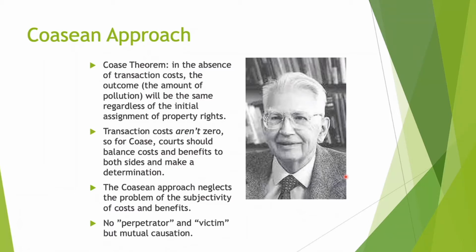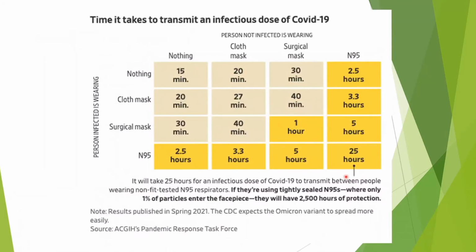One example here is the whole debate over masking and so forth. This is a table that Jonathan Newman shared a couple of weeks ago, and I thought this was a great illustration of this kind of concept.